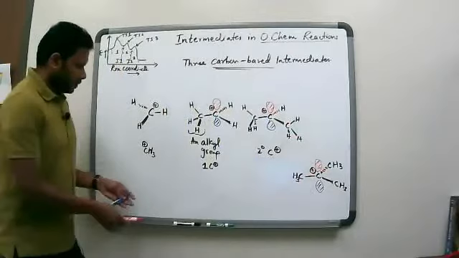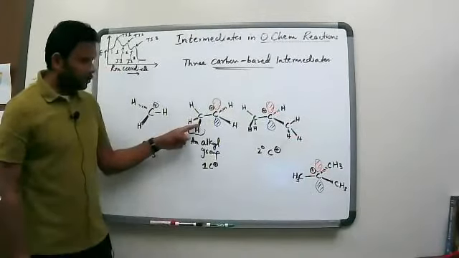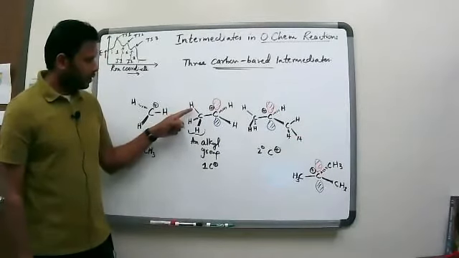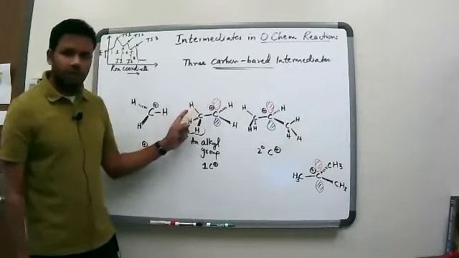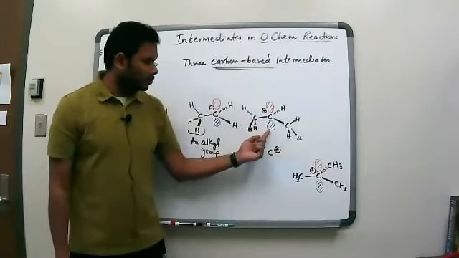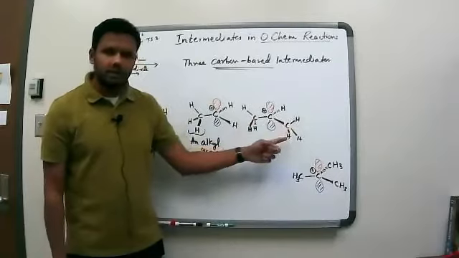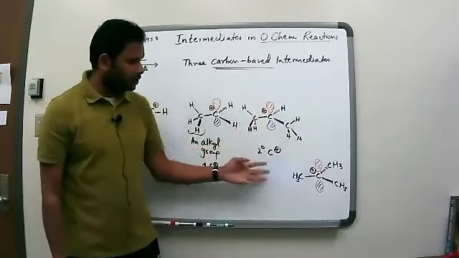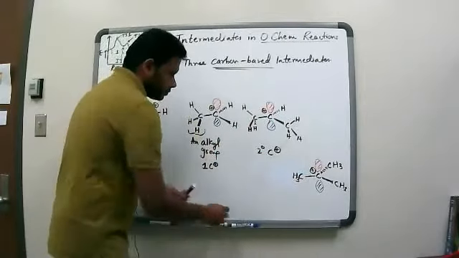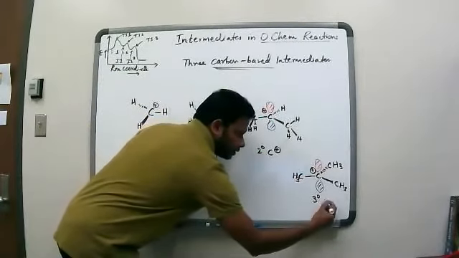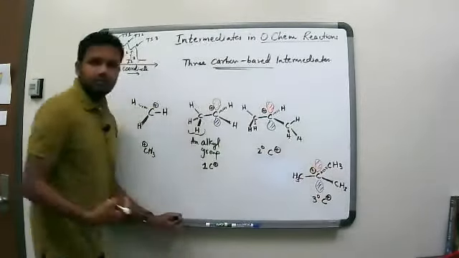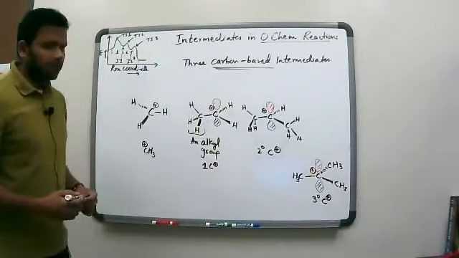In case of a primary carbocation, you have 1, 2, 3 sigma bonds potentially available for this hyperconjugation effect. When you go to a secondary carbocation, you have 3 and 3, 6 sigma bonds that are available for hyperconjugation. And in case of a tertiary carbocation, we have 9 sigma bonds that are available for hyperconjugation.